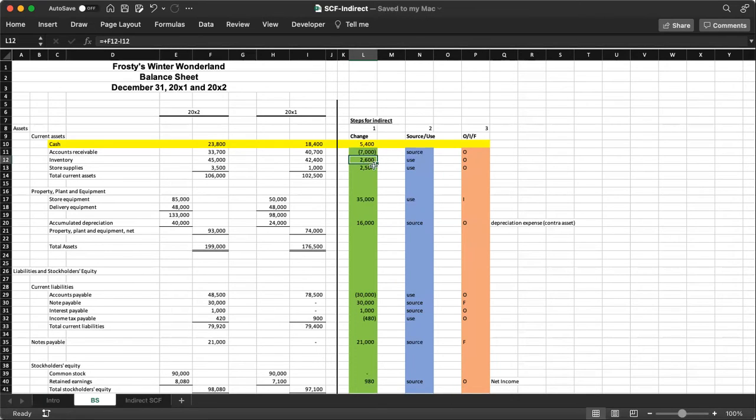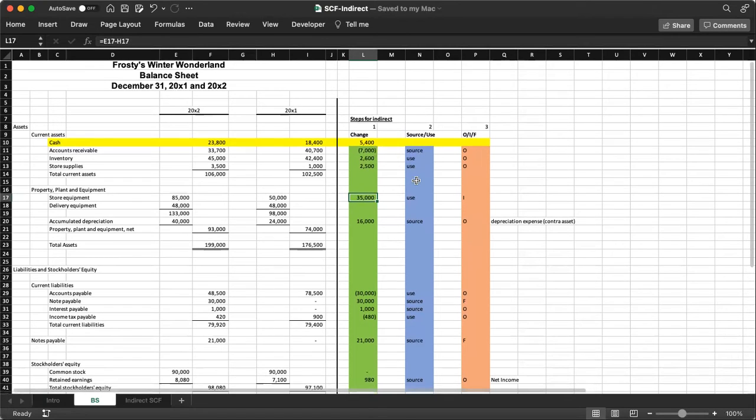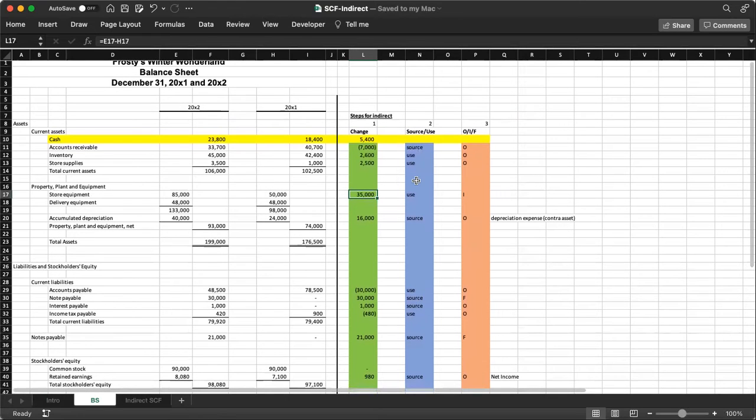So going down the list, we have inventory that increased by 2,600, supplies that increased by 2,500, equipment, store equipment that increased. And you notice how this does not have a number. That's because there was no change in the delivery equipment during the fiscal year.